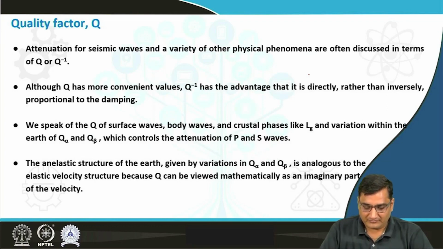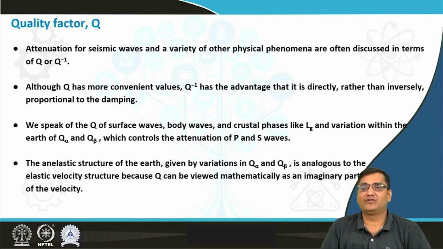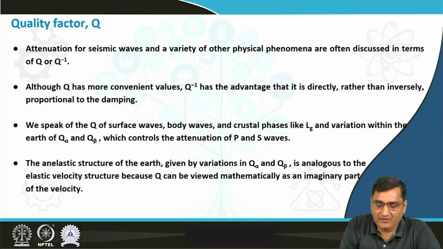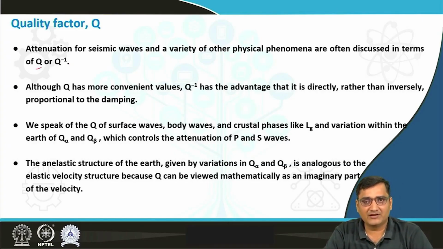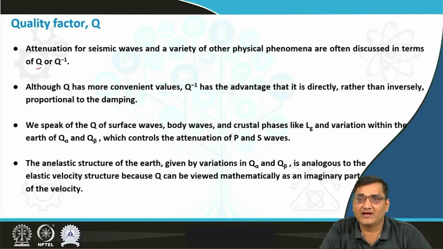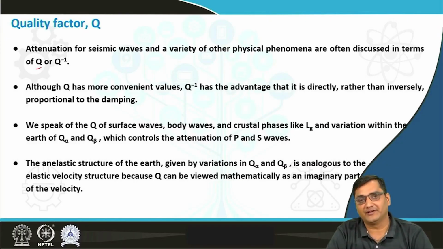So if we want to have some points to remember, the attenuation of the seismic wave and a variety of other physical phenomena are often discussed in the form of Q or inverse Q. Although Q has some convenient values, Q inverse has the additional advantage that it is directly rather than inversely proportional to the damping.